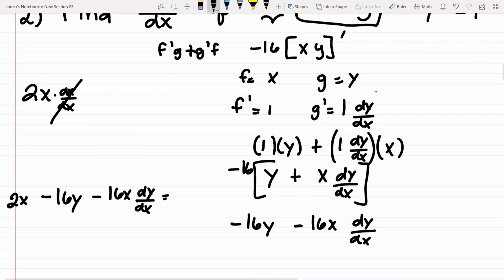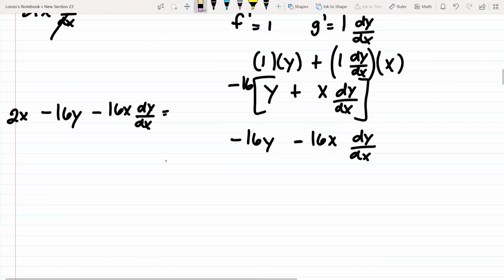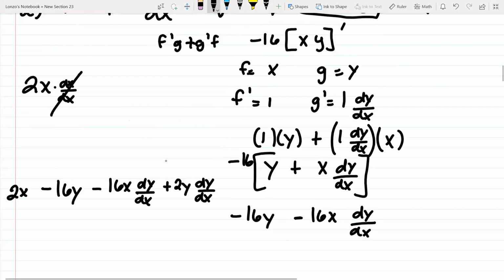And then the derivative of y squared with respect to x, what is that going to be? It would be 2y dy/dx equals 0.